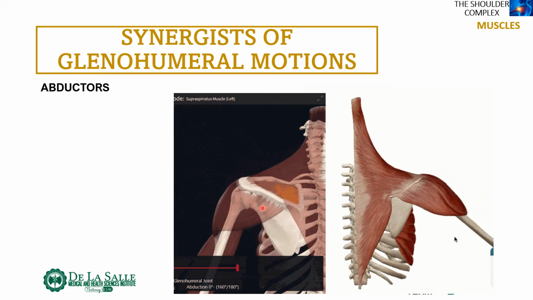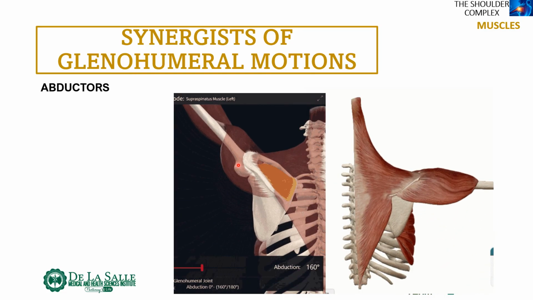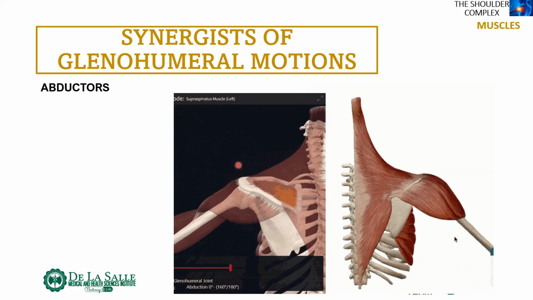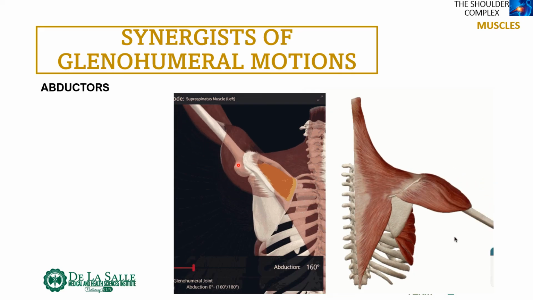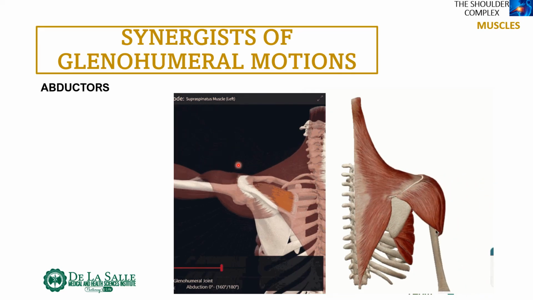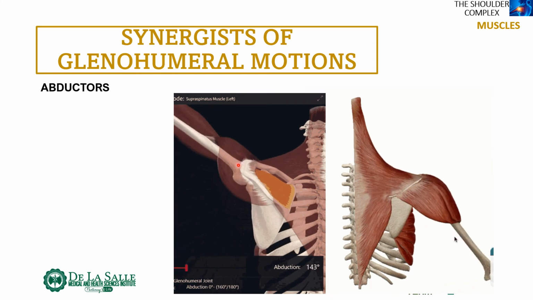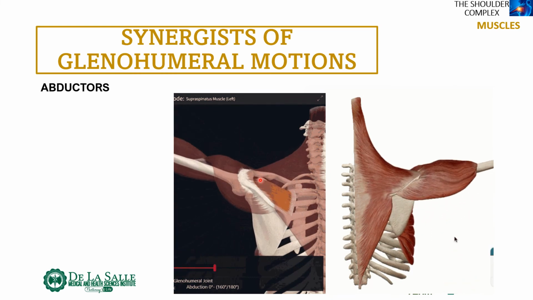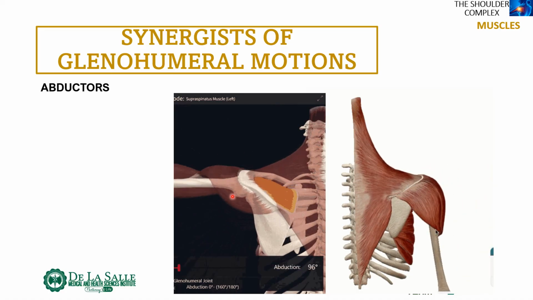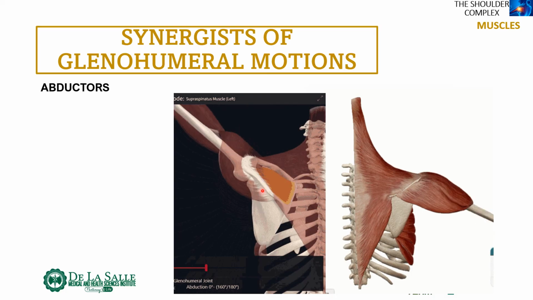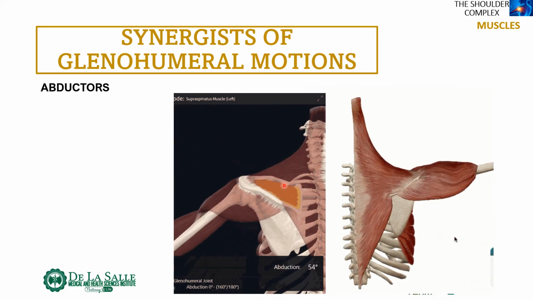If the supraspinatus is paralyzed or its tendon is completely torn, full abduction is often difficult but still achievable. However, for some persons, full abduction is not possible because of the combination of weakness and impaired arthrokinematics of the glenohumeral joint. And lastly, full abduction at the glenohumeral joint is not possible if both the deltoid and supraspinatus are paralyzed.